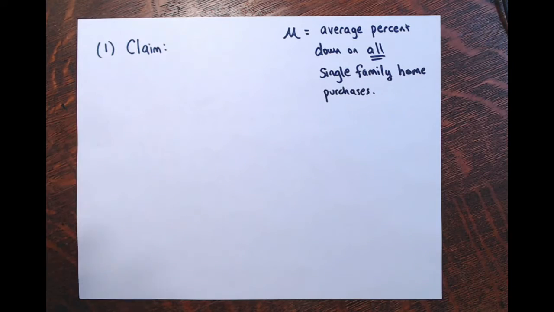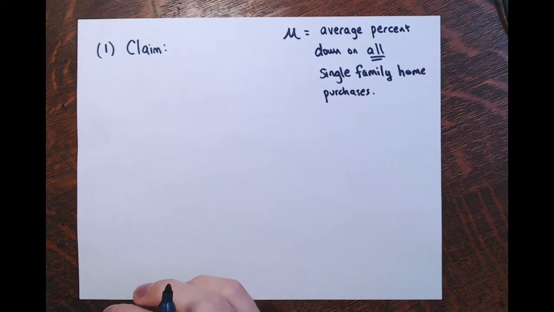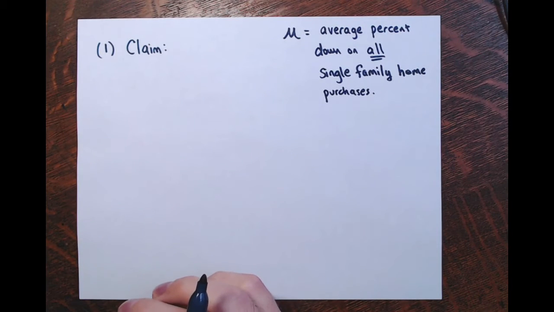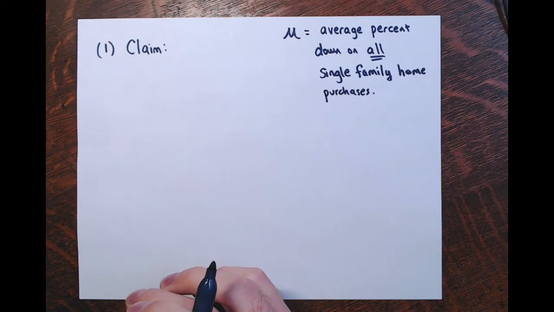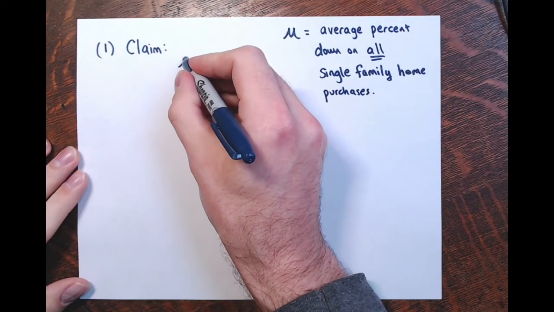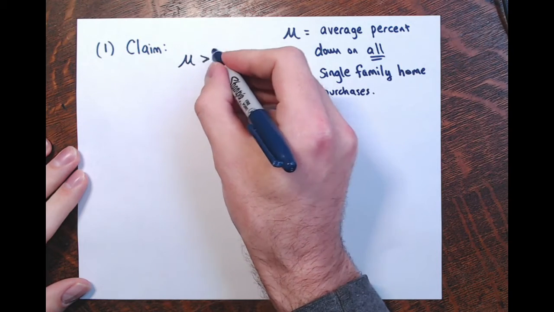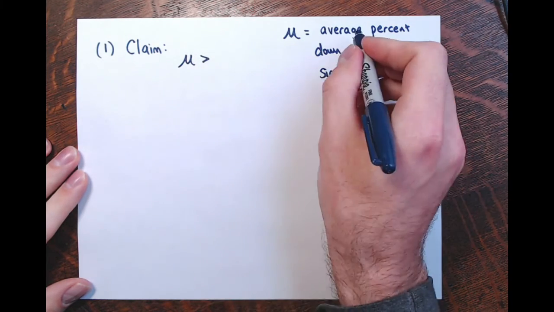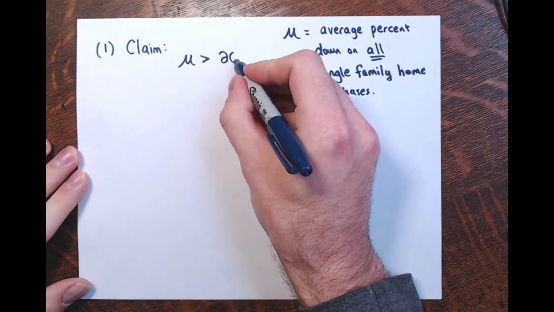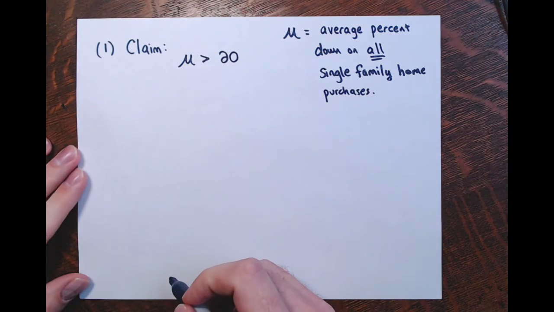And the claim being tested by this loan officer is that the average percent down on a single-family home purchase is greater than the recommended 20%. So I'll just say mu is greater than 20.